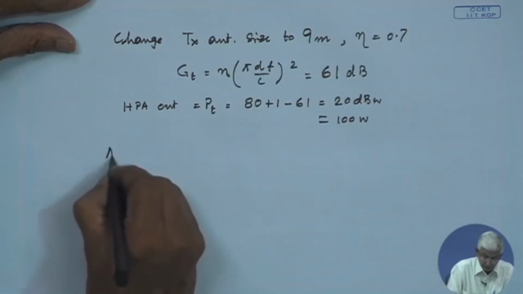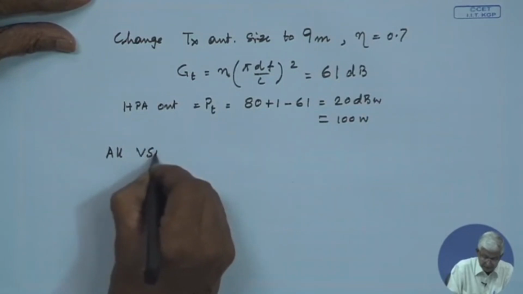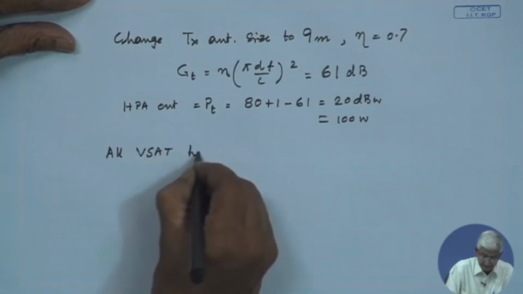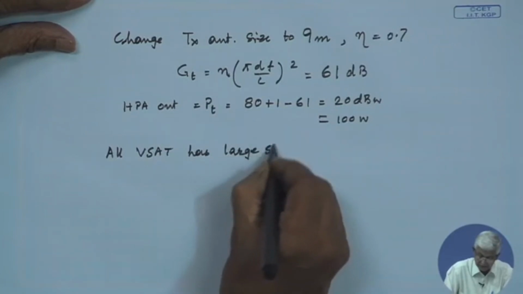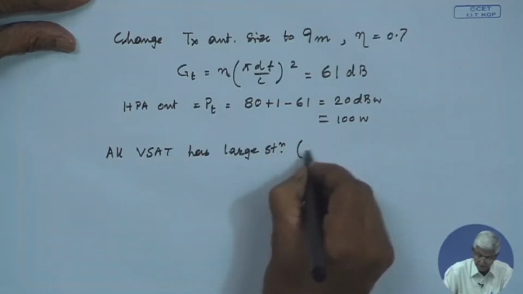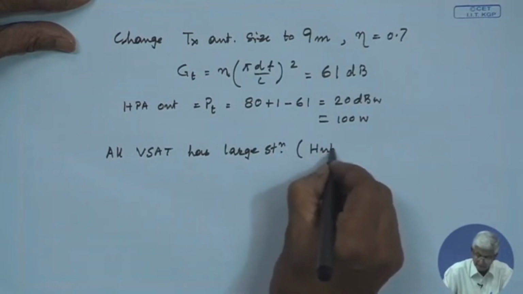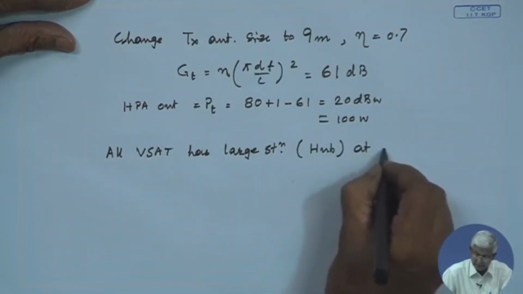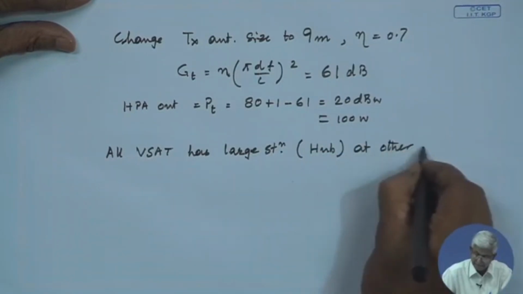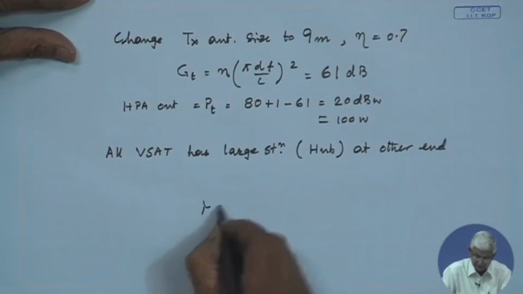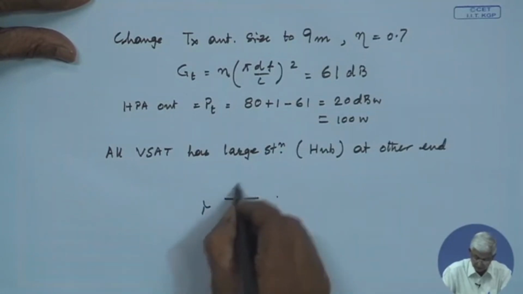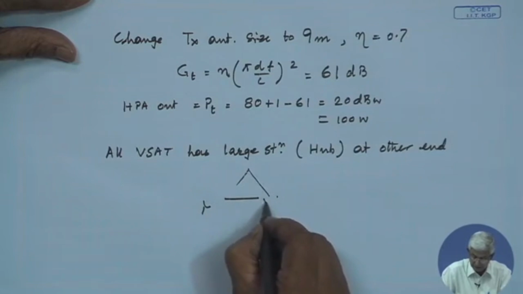So, all VSAT has large station, we call it hub station at other end. Now, you will realize what is the word hub. There is a VSAT which is communicating with a station which is of course via satellite, which is large station.